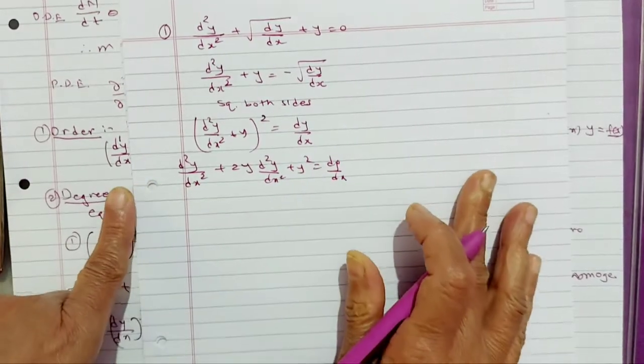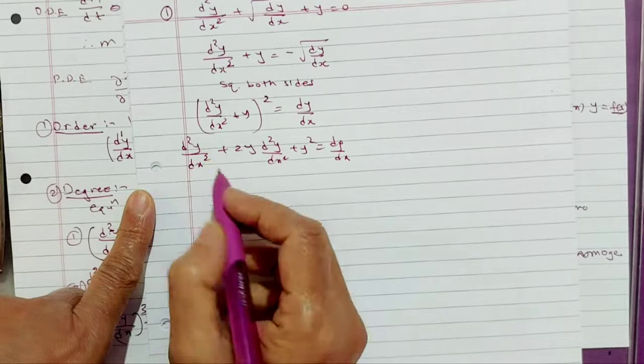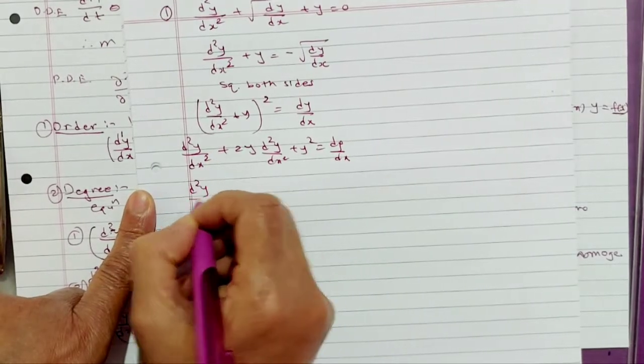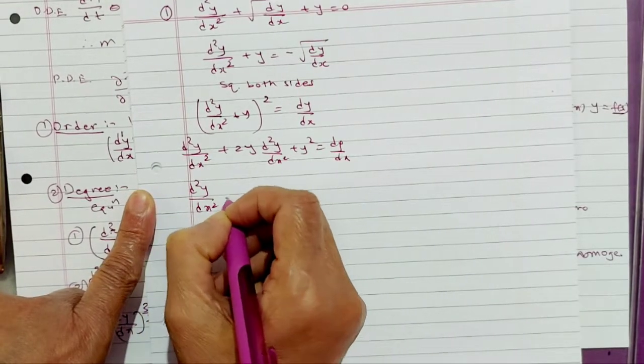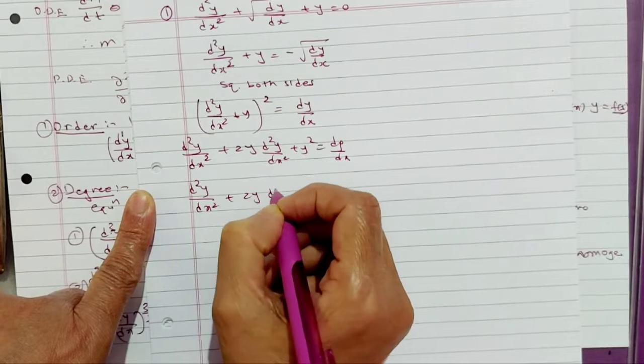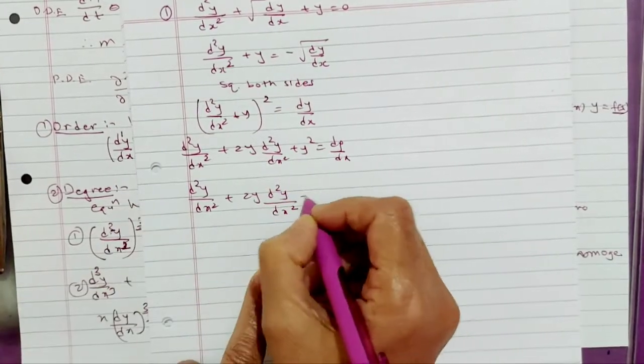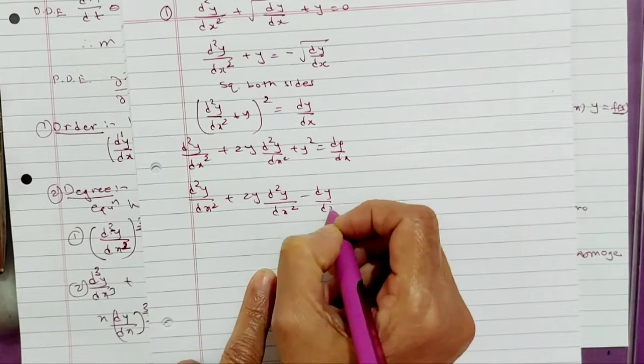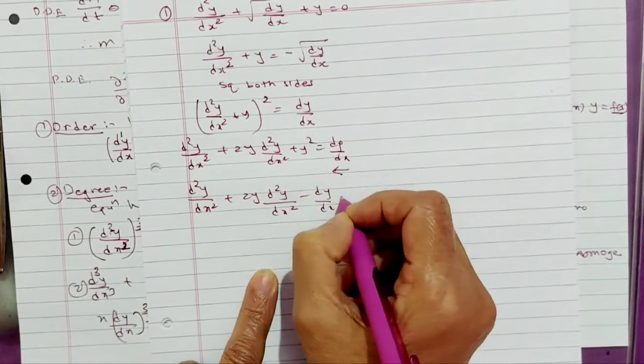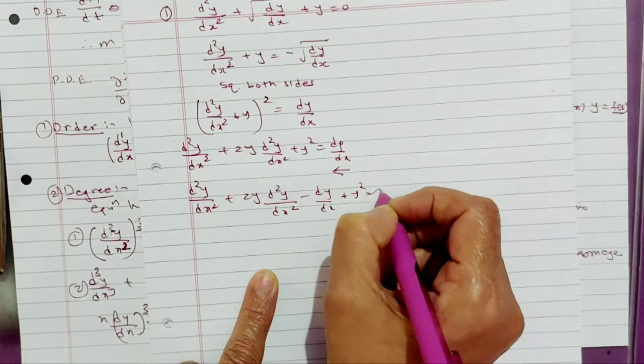If we arrange this equation properly, it is d square y by dx square whole square plus 2y d square y by dx square minus dy by dx, this term will go to LHS, plus y square is equal to 0.